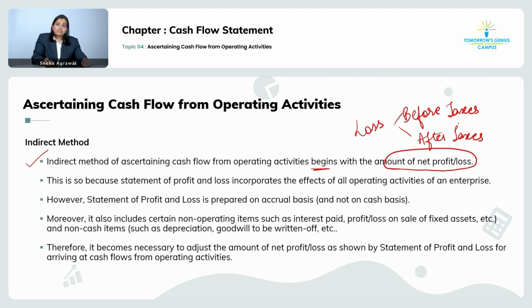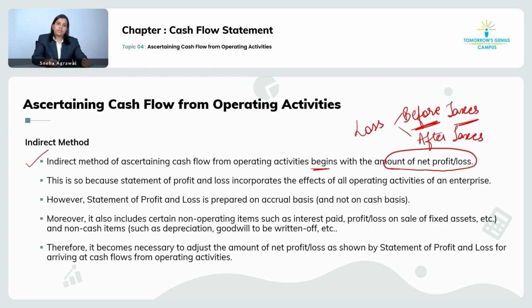So paying taxes on the profitability is also an operating activity, but as per Accounting Standard 3, we need to first take the net profit which is before the taxes. So if in the question net profit is given after tax, you have to convert that after-tax profit into before-tax by adding back whatever taxes you have deducted while calculating net profit under your statement of profit and loss.